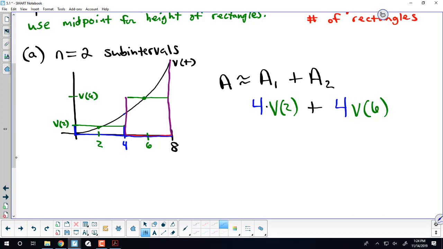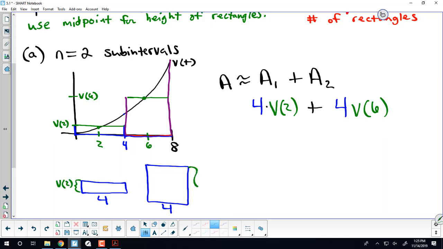So we can draw these out too. This is the first rectangle, and this is the second rectangle. And this height is v of 2, this height v of 6.